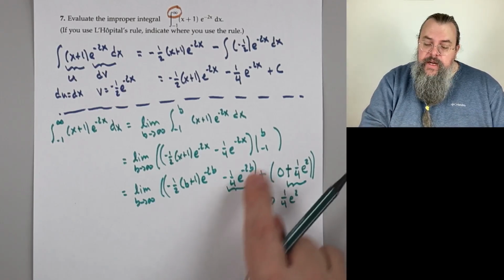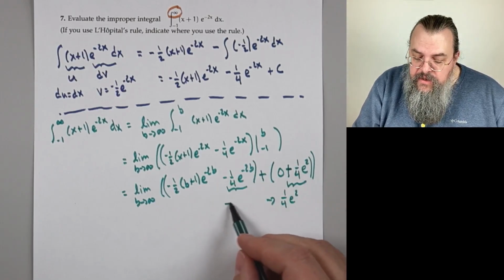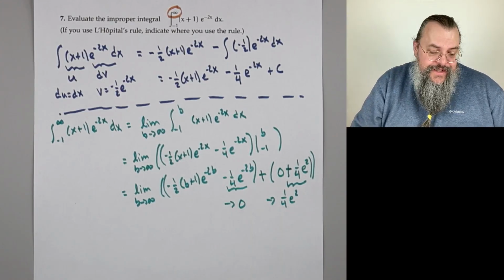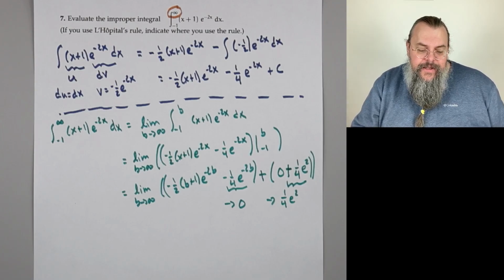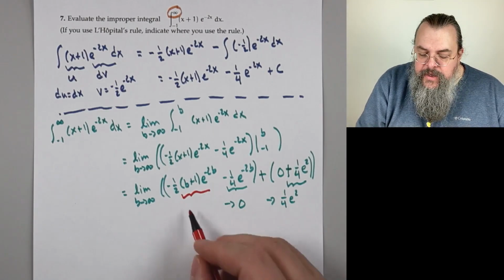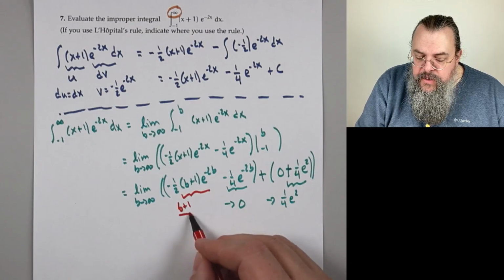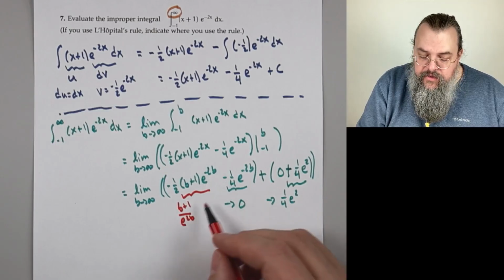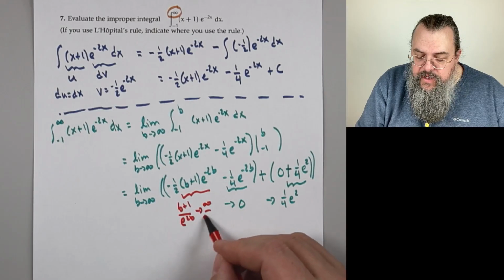This part is a constant, so this is going to go to 1/4 e squared. The exponential function e to the minus 2b as b goes to infinity goes to 0, because that's what the exponential function does. And then this part right here, we should think about. This is (b plus 1) over e to the 2b, because the negative exponent moves downstairs, which goes to infinity over infinity.